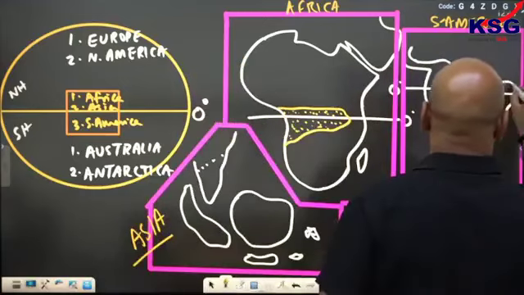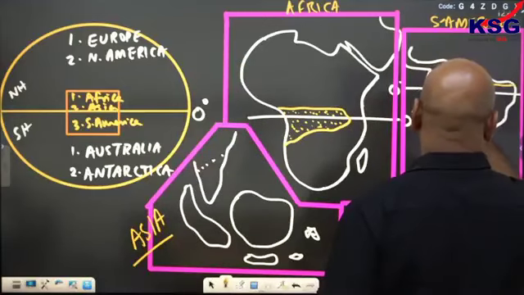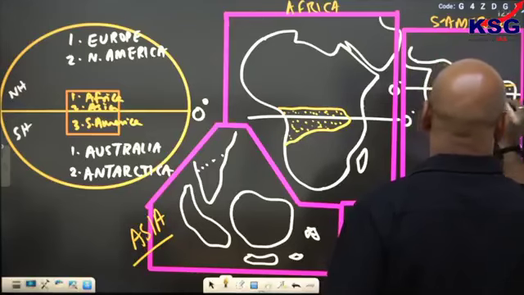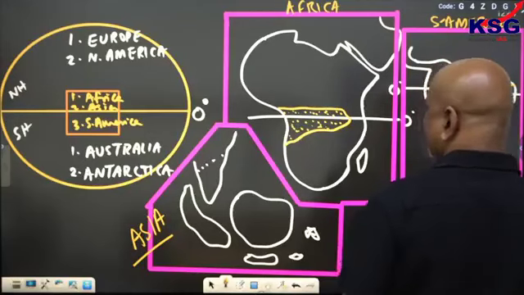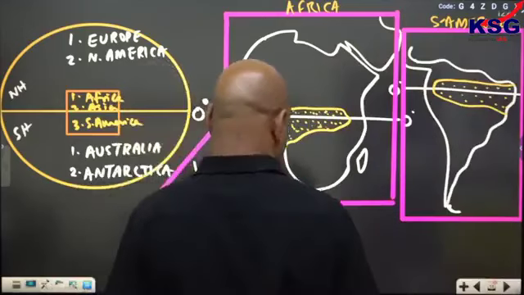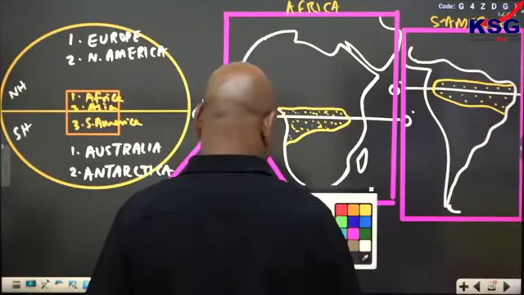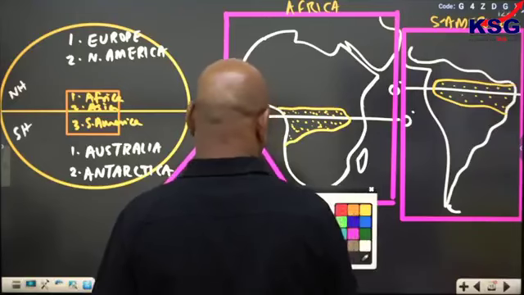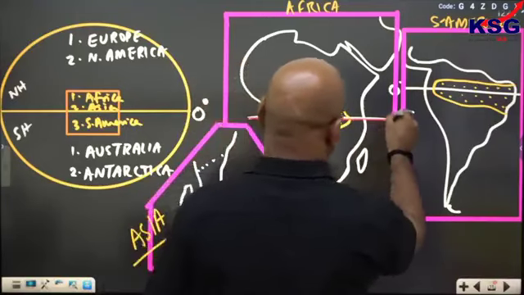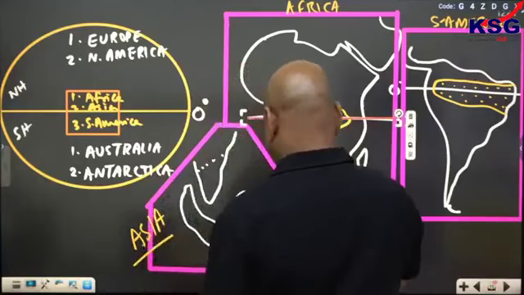And here, look, this is the equatorial climatic region, because the equator is passing through this region.